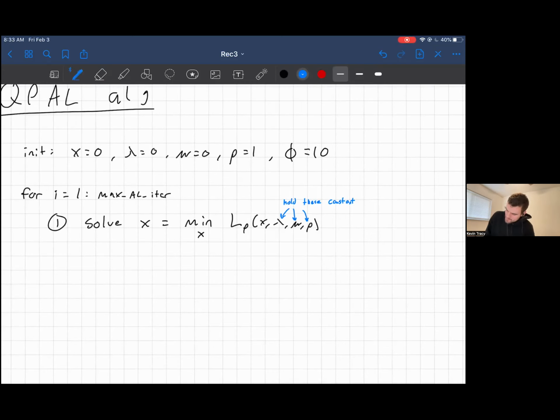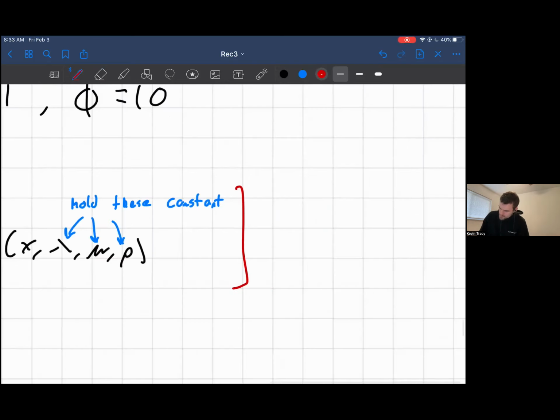And the next thing we'll do is update the dual variables. And then I'll make a note: use Newton's method. And this is actually an important note. You will not need a line search.